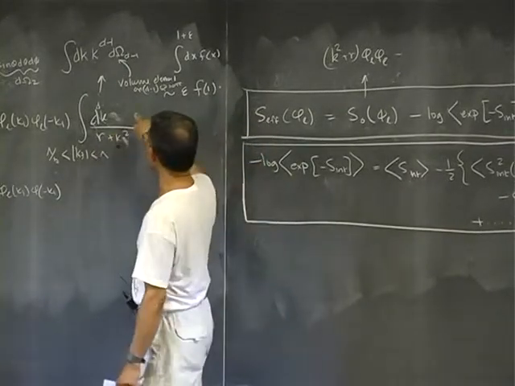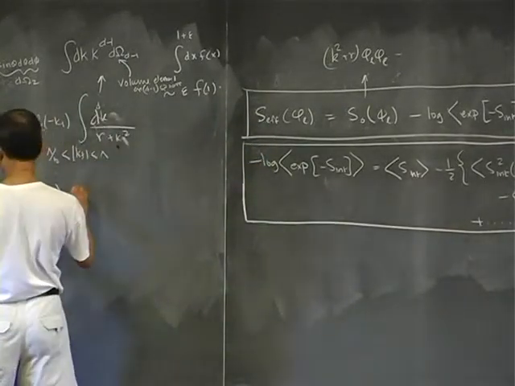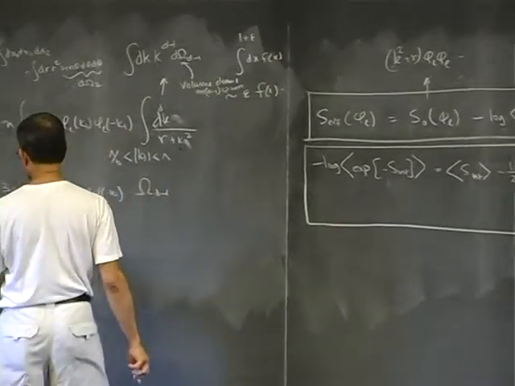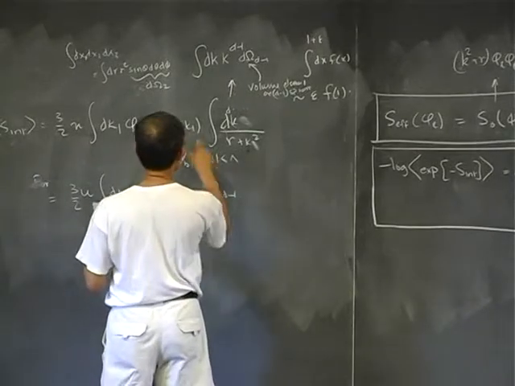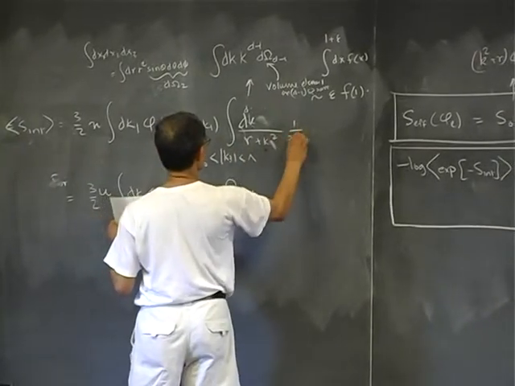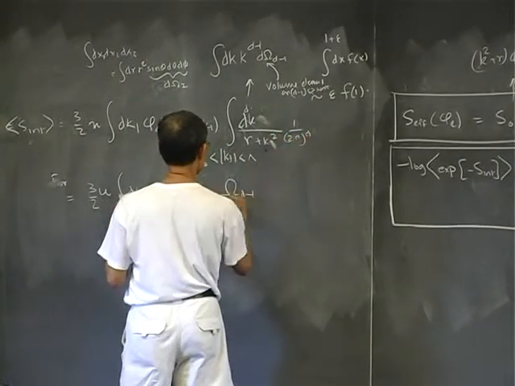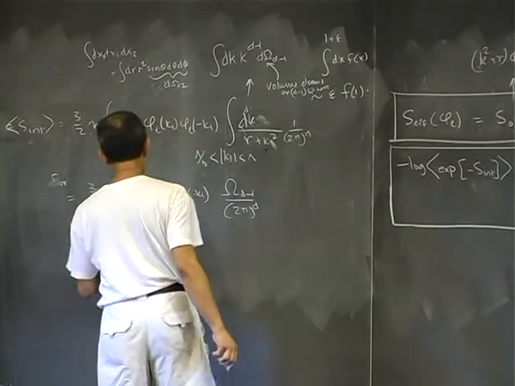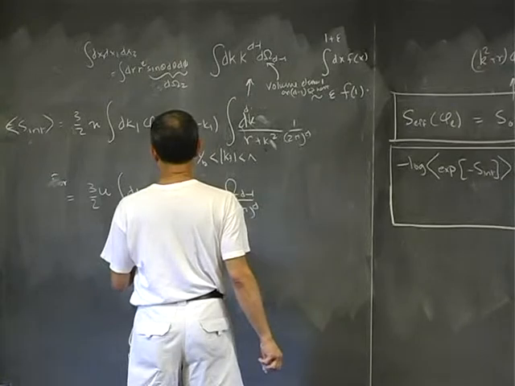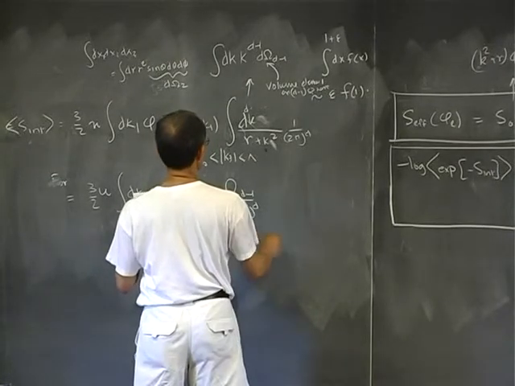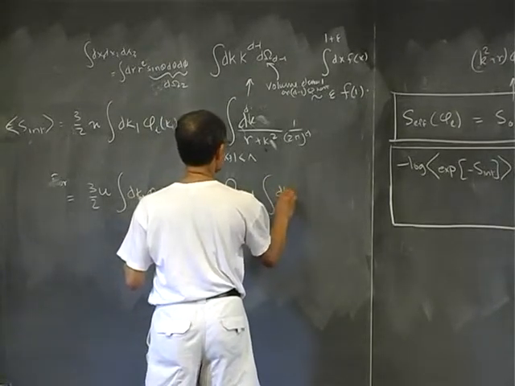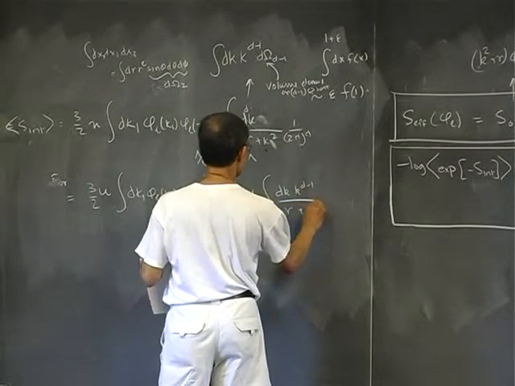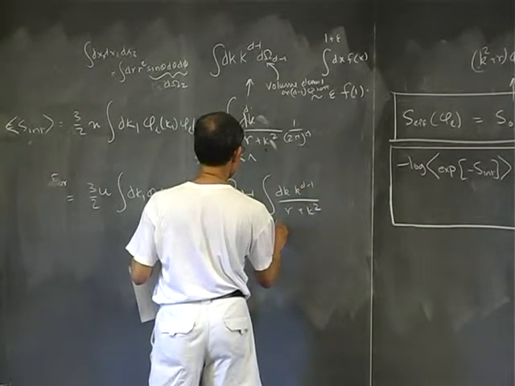So I can bring out the volume of a d minus 1 dimensional unit sphere, and there was a 1 upon 2 pi to the power d, and an integral of dk, k to the power d minus 1 over r plus k squared. k runs from lambda upon b to lambda.